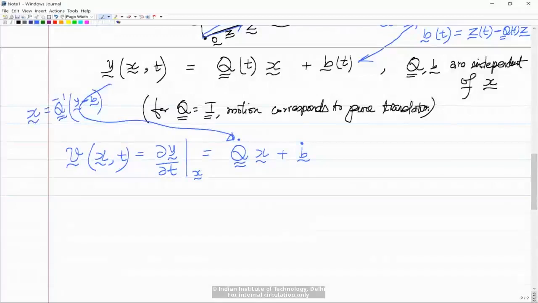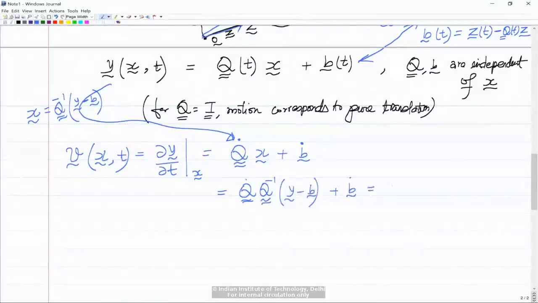So let's put that here, and then you will have q dot q inverse into y minus b plus b dot.